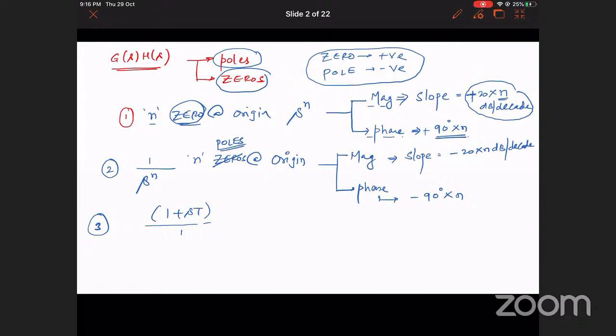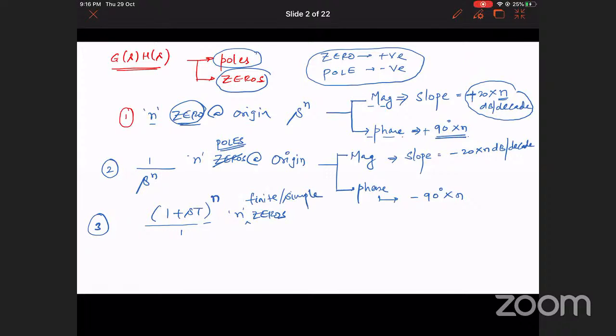Something that is present in numerator as polynomial always gives you what? Zero or pole. Of course it gives you zero. And on top of that, if I write n, it indicates there are n zeros, not at origin. So I can say there are n finite zeros, or simple zeros. So these are n simple zeros, guys.